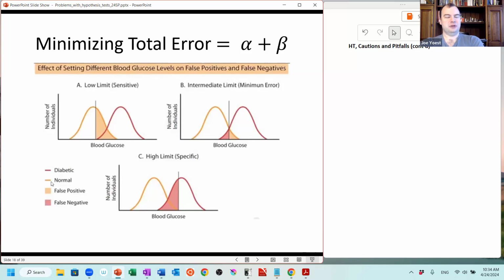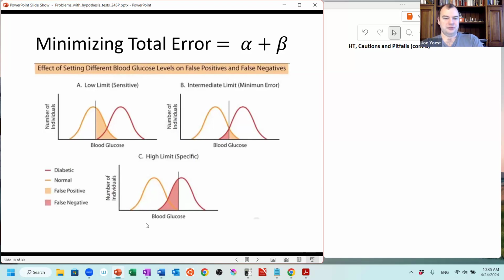but I also call a lot of normal people diabetics, and that's costly, either in terms of hassle or follow-up or anxiety or unneeded treatment. So this is a very sensitive test in the sense that it does capture all of the folks who do have the disease, but it also lumps a bunch of folks without the disease in with those folks and tells them they have the disease.